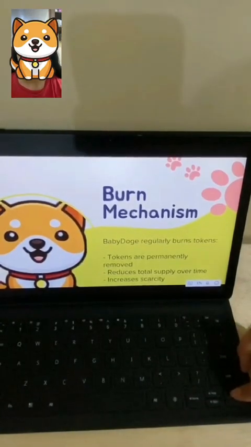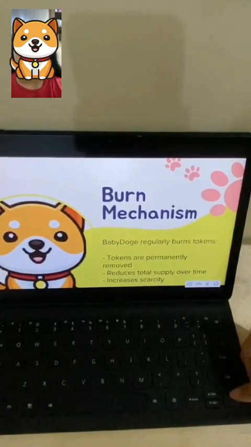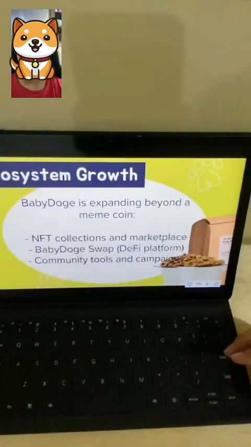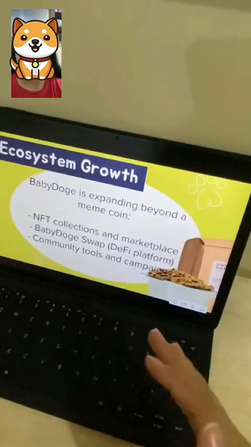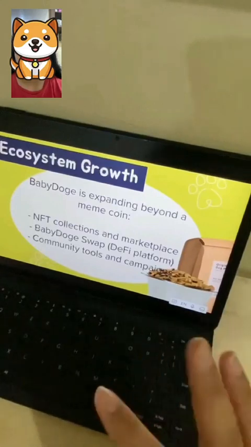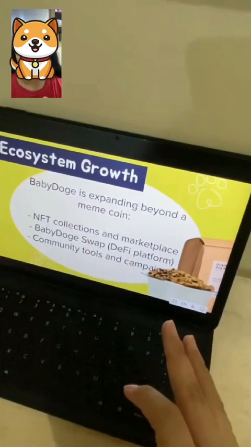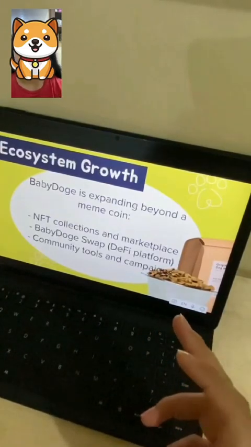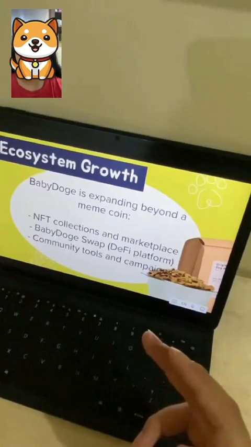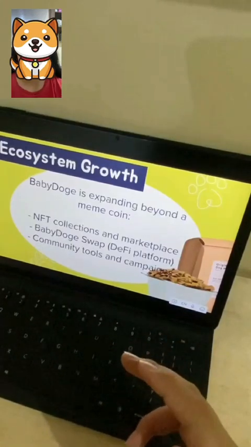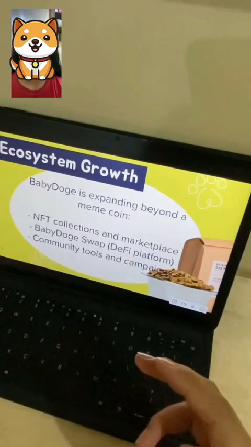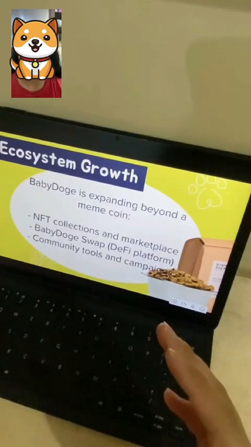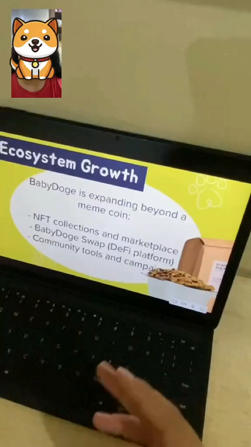And there is also what we call ecosystem growth, because Baby Dutch is expanding beyond a meme coin. It has NFT collections and a marketplace.